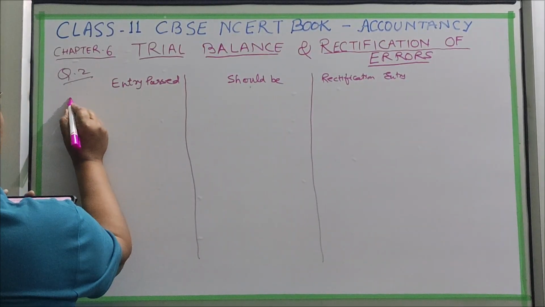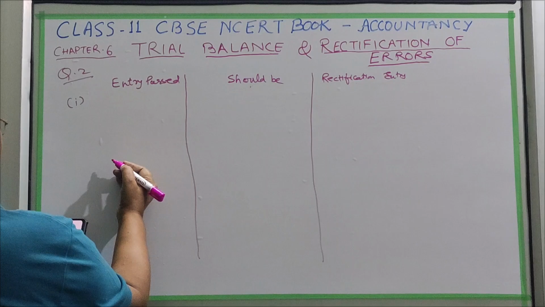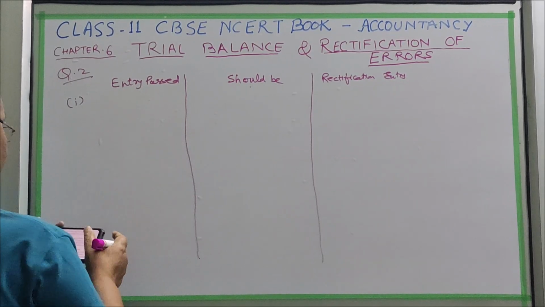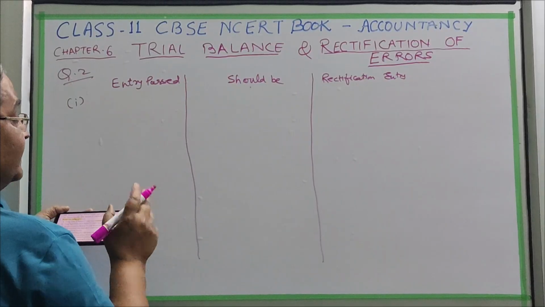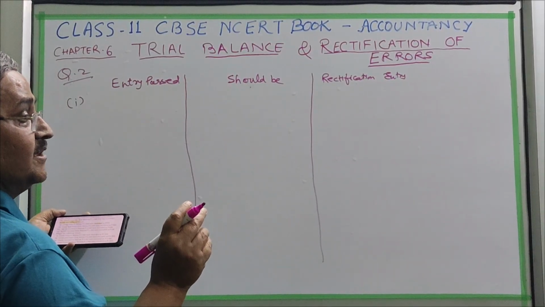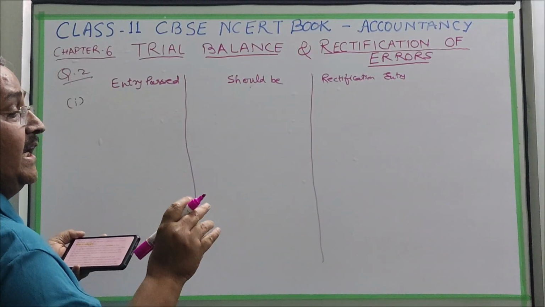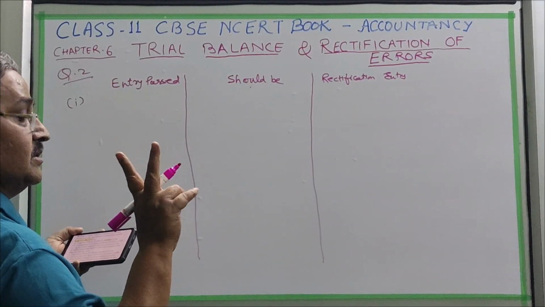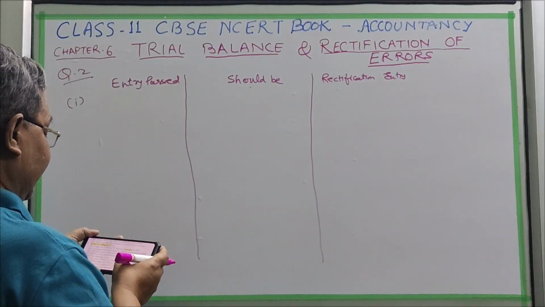So first, credit sales to Mohan 7,000 were recorded as 700. One is recorded and one is posted. Recorded means in the book recorded, it will affect your 2 accounts, and when it is posted, it affects only 1 account. So be careful.